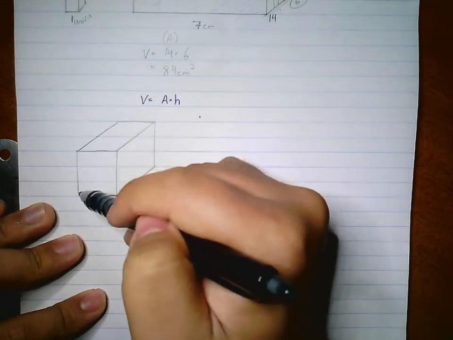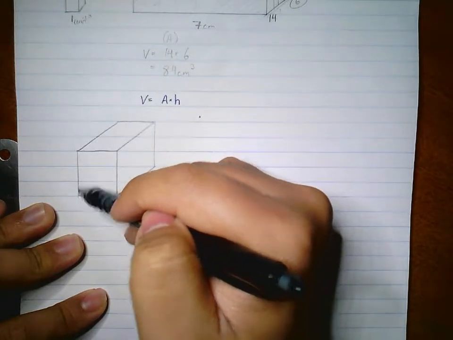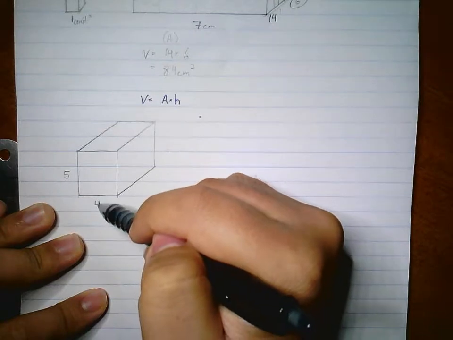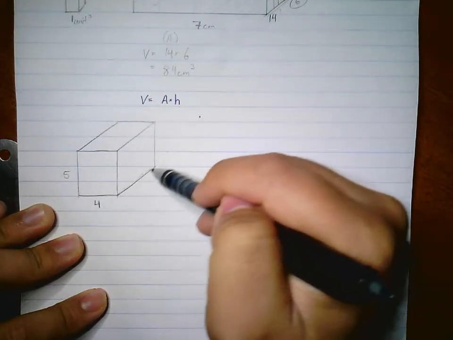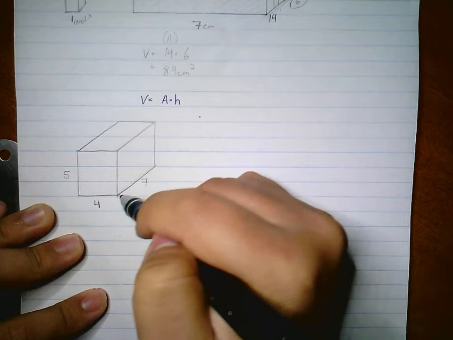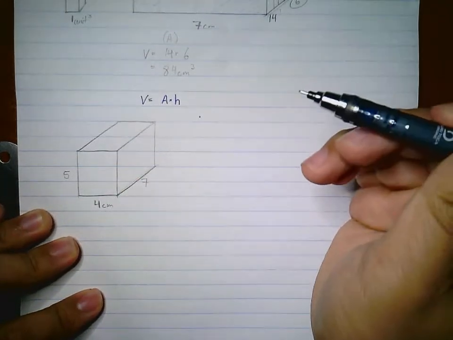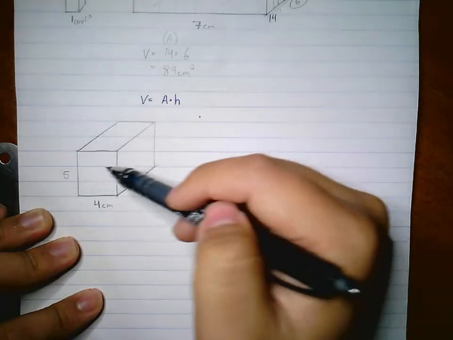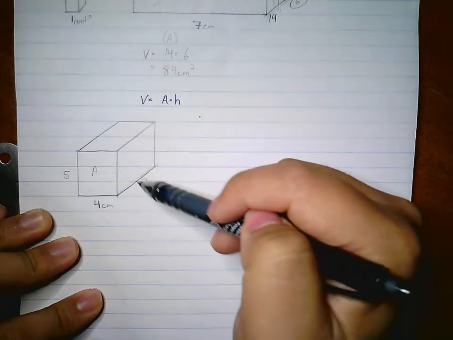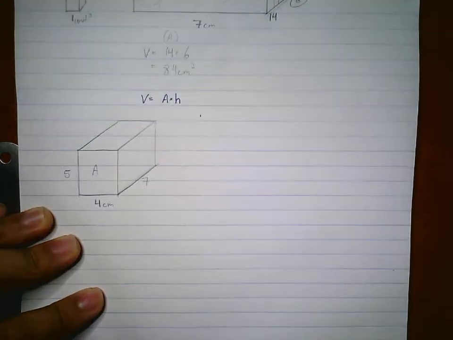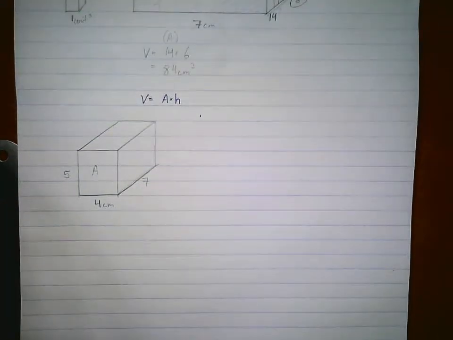Let's say that the length of this is, say, 5. This one is 4, and it goes about, we'll say, 7 deep. Let's say these are in centimeters. Let's calculate first the area of this, and we're just going to multiply that area by 7. So we'll calculate the volume of this.